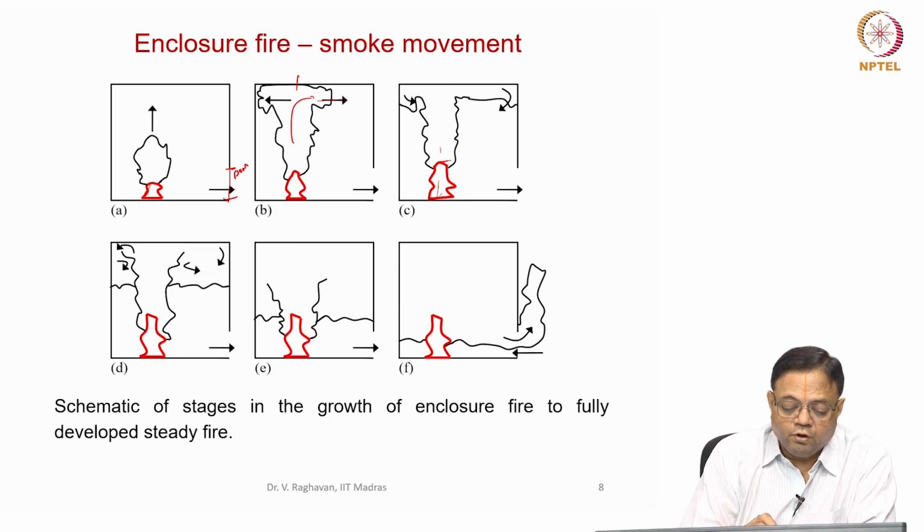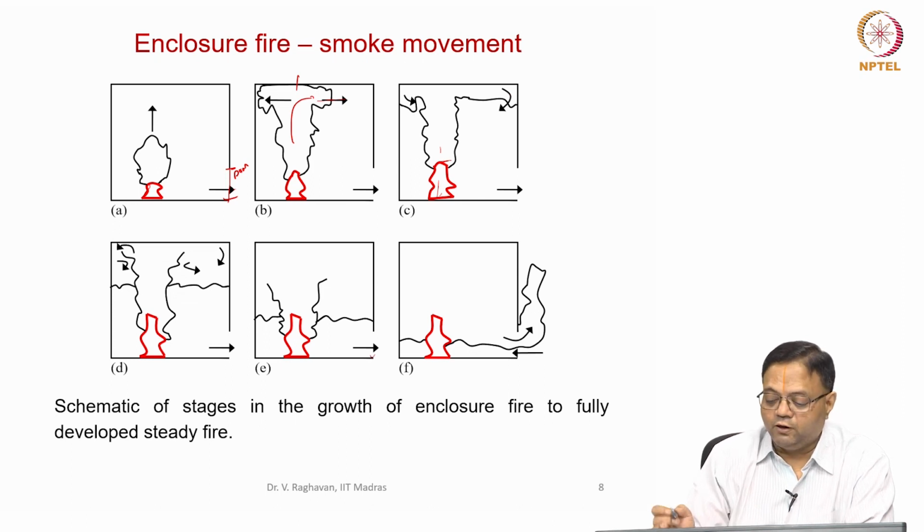but the smoke layer is still descending. Now you can see the dynamics here, a lot of recirculation zones etc. form and the smoke layer descends. Finally it descends to a particular stage where it is just above the door through which it can go away.